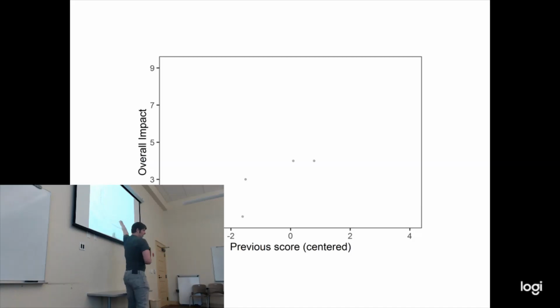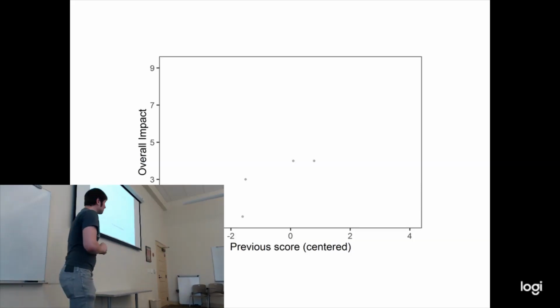The points are at different points on the x-axis. It's not like we have -1/2 and +1/2, but it looks like any other data set that we work with. By the way, just for convenience, I'm going to be working with the centered previous scores, just because it makes a few things a little bit easier as I go through.